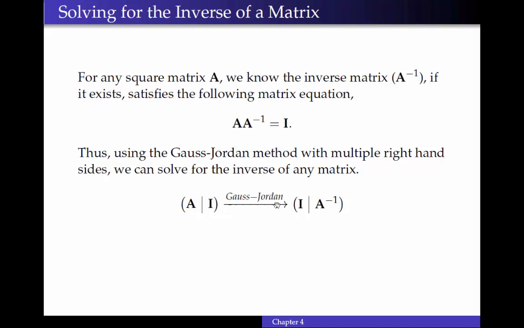And you'll remember that one of the things that tells us if our matrix has an inverse is that we can take it, perform Gauss-Jordan elimination, and transform it into the identity matrix with a pivot in every row. So if we can do that, then whatever's left over on the right-hand side is going to be the inverse matrix, which is the unknown that we were looking for.